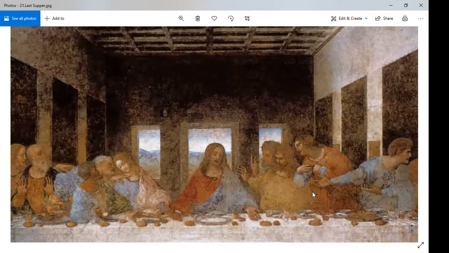Those are details that are carefully shown by Da Vinci to symbolize their inner thoughts of shock and surprise, as well as the body language of Judas, because he's not shocked and he's not reacting the way the others are. He already knows it because he's the one that betrayed Jesus. So his body language is different. And then we have the expressions on their faces, and Jesus' sad expression, of course.